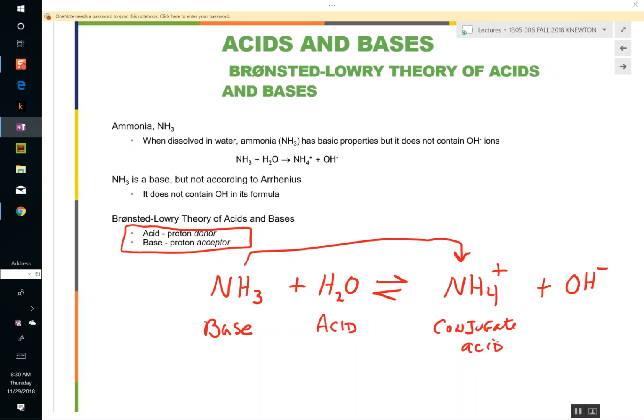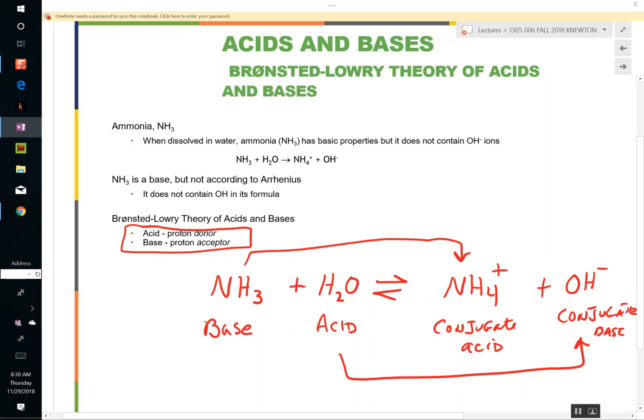It can't accept another proton. Follow me? So it is the conjugate acid. And here is water. It's an acid. And this is its conjugate base, the associated base. So the water is donating a proton, but it's generating this hydroxide ion, and that is a base. That's what's making this basic.